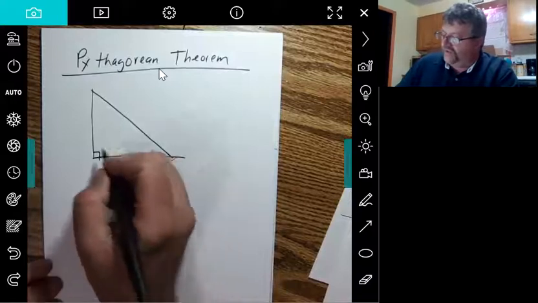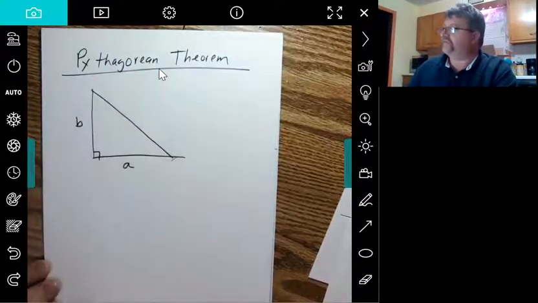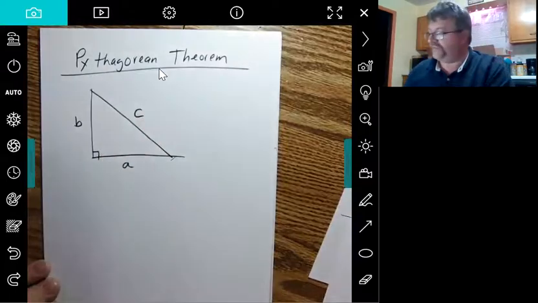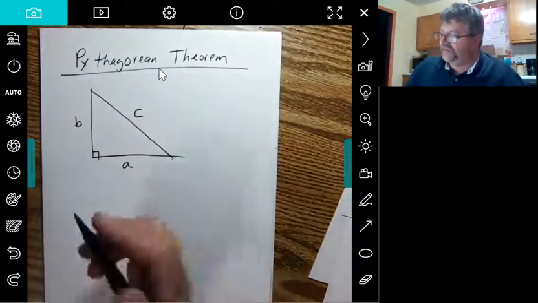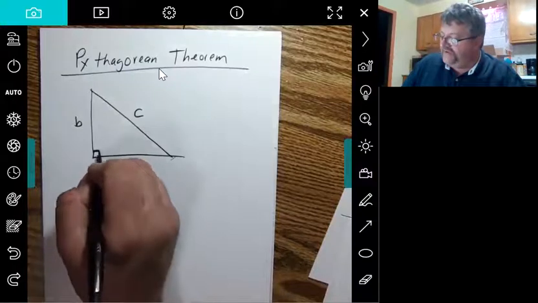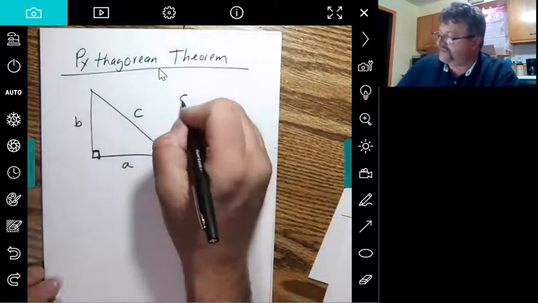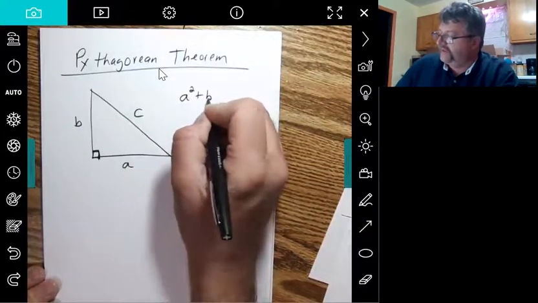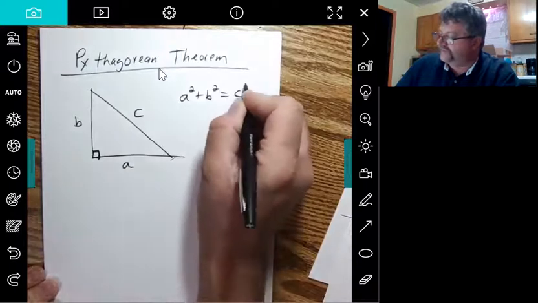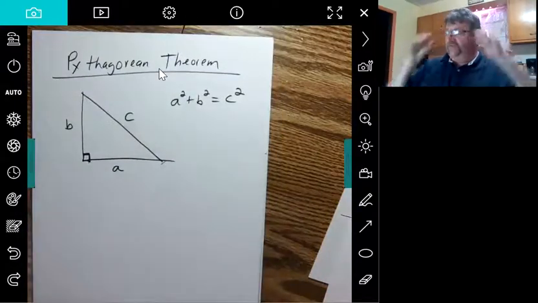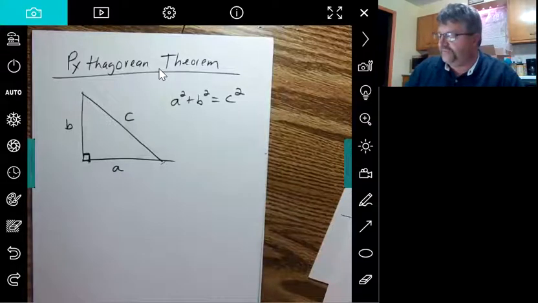One side I'll call A, the other side I'll call B. This long side has a name called the hypotenuse, remember? Call that C. This is a 90-degree perfect corner angle, and there's a special relationship between these sides, and that relationship is A squared plus B squared equals C squared, okay? Every time. So if you know 2 of the 3, you can find the third, okay?